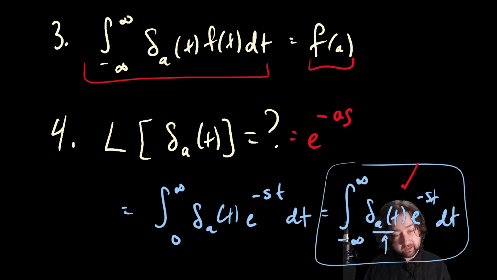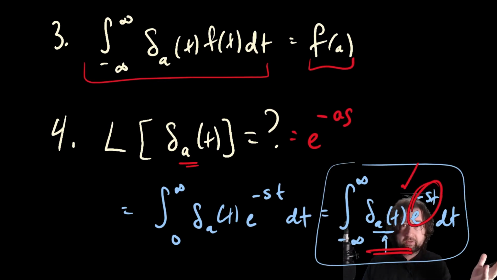By rule 3, the Laplace transform, which is really this integral, just evaluates that function at a. So it replaces t with a. There's the Laplace transform of the delta function. Well, that's brilliant, because now we have a tool we can use to solve differential equations. So that's our fourth property.